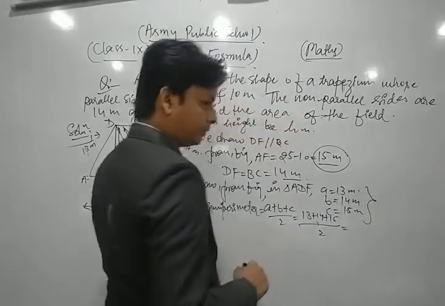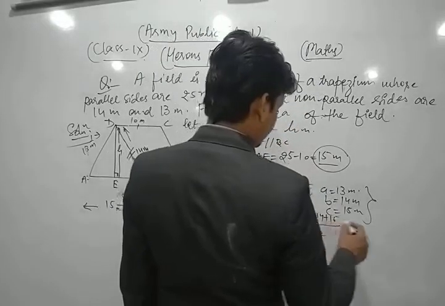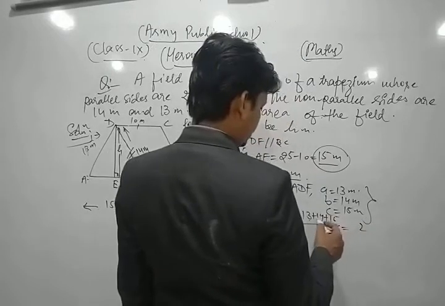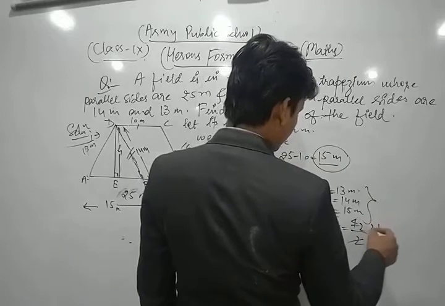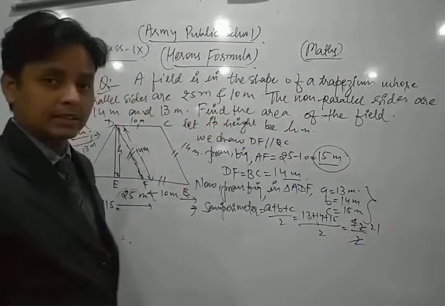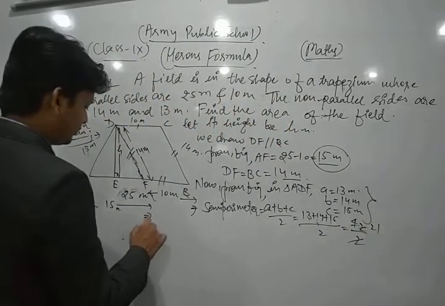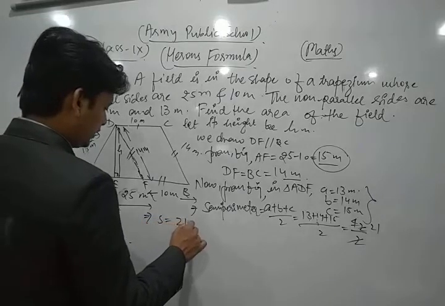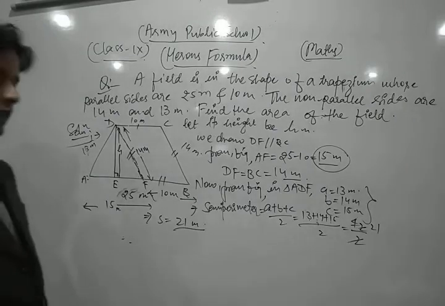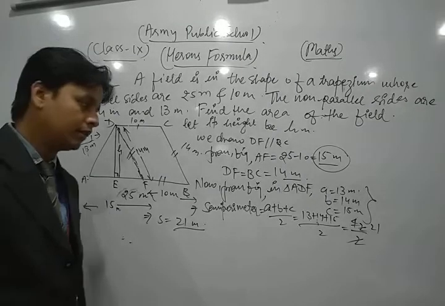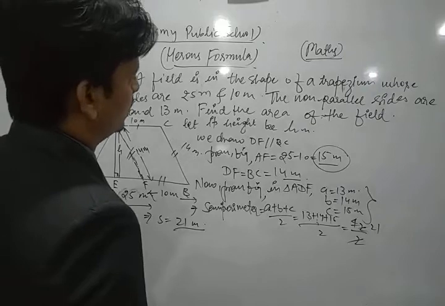So we get 42 upon 2, that is 21. Thus in this way, for triangle ADF, the semi-perimeter is 21 meter.